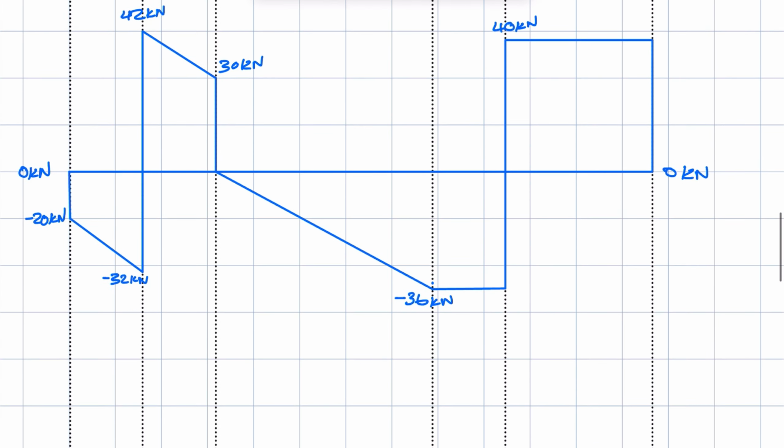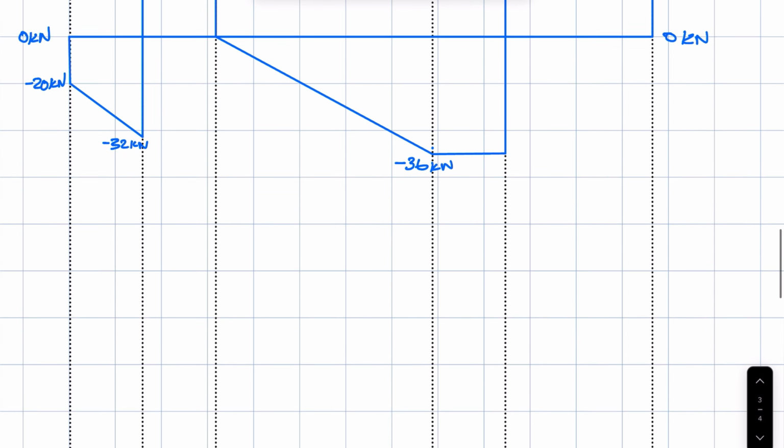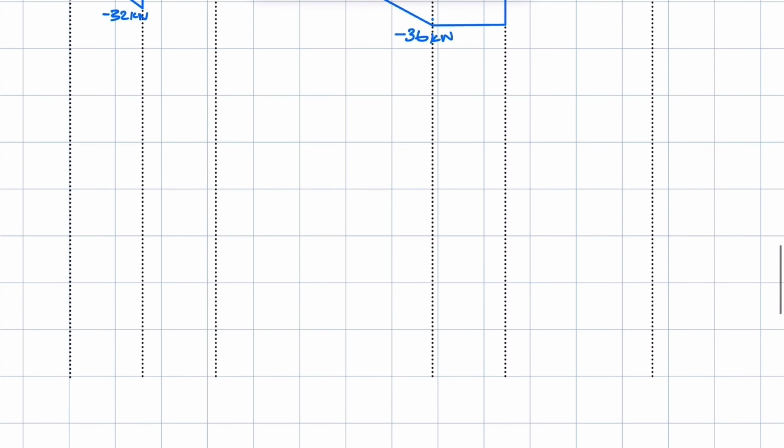Right, now let's go to our bending moment diagram. Bending moment diagram, we're going to have, say, a 0 line right at that point. So this becomes our 0 line for our bending moment diagram.